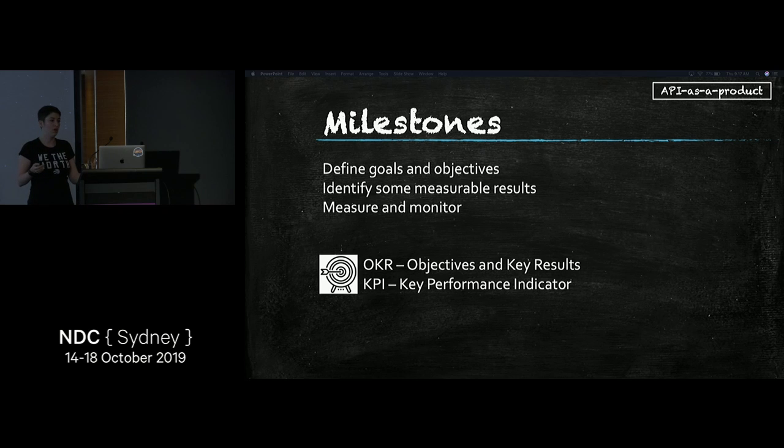But OKRs are actually goal systems, and they are more trendy, because they don't say technically how you're doing. They're more about: I have an objective, and the key results tell me where I am and how I'm doing.